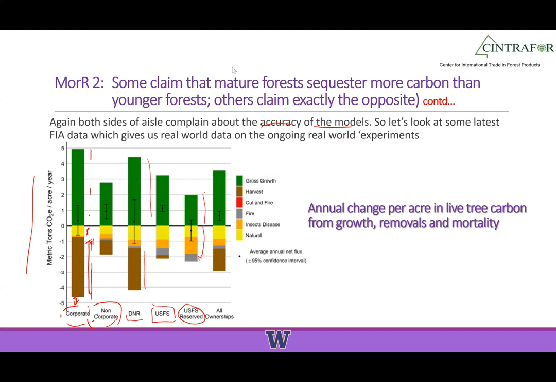So this particular graph only shows annual sequestration. It does not show what's already in the forest. I'll talk about the storage a little bit later on. But this definitely talks about the annual sequestration and the annual removal by decay and mortality.